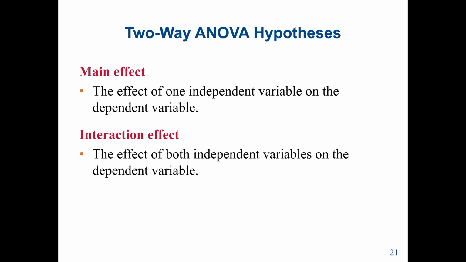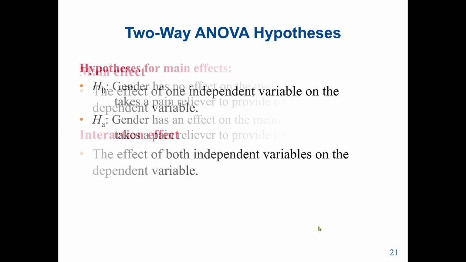So the effect of X on Z is what we call the main effect: only one independent and the dependent. Then the interaction effect means the effect the two independent variables together have on the dependent variable.